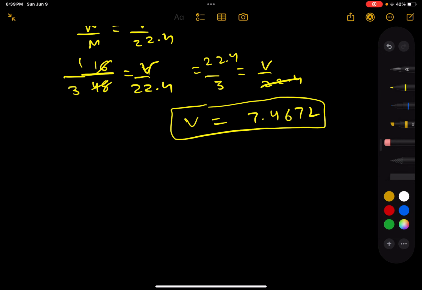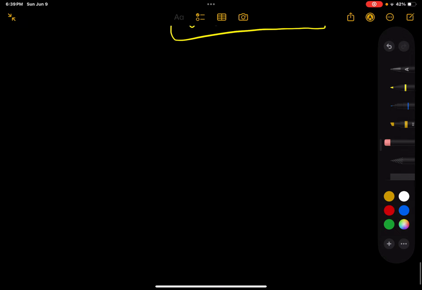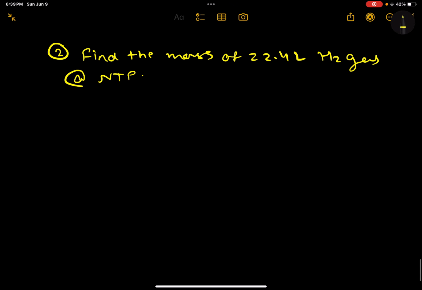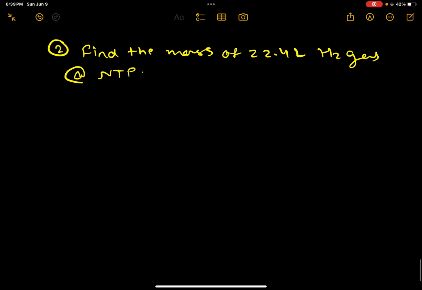Now let's do the second question. Find the mass of 22.4 liter H2 gas at NTP. So we want to find the mass of this volume of H2 gas.